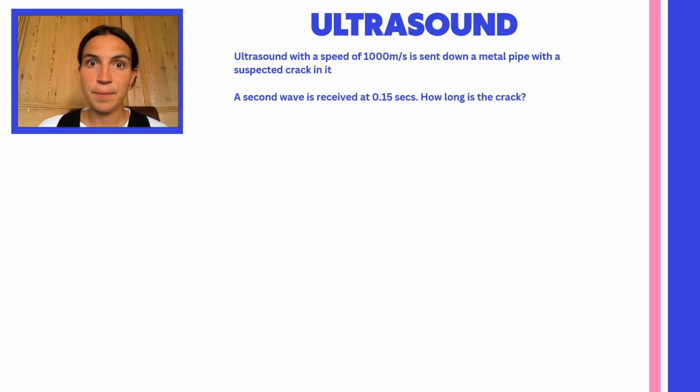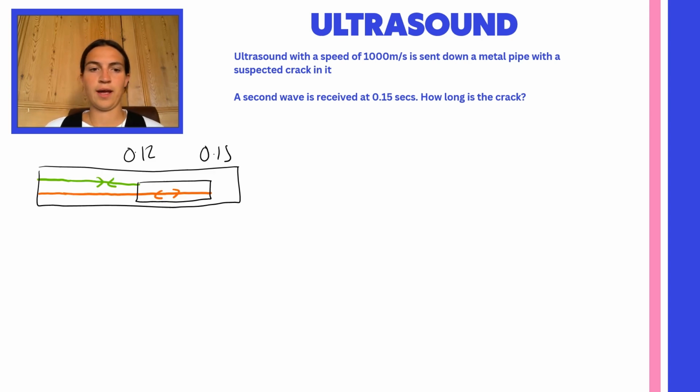Okay, so the second part of this question is, a second wave is received at 0.15 seconds. How long is the crack? So, okay, let me draw the picture that we have got out here. The left-hand side of this picture is where I'm sending this pulse from. The very right-hand side is the end of this pipe, and then I'm imagining that little rectangle in the middle, that is my crack.